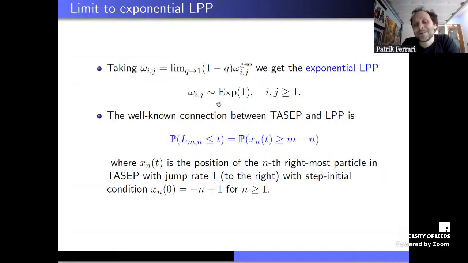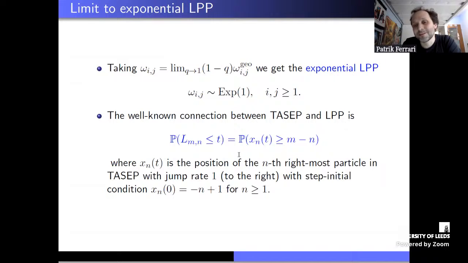Now, there is a well-known connection between the so-called totally asymmetric simple exclusion process, if you have seen this model already, an interacting particle system, and the last passage percolation.